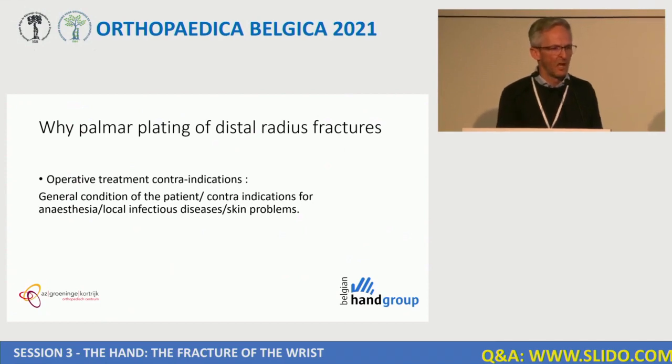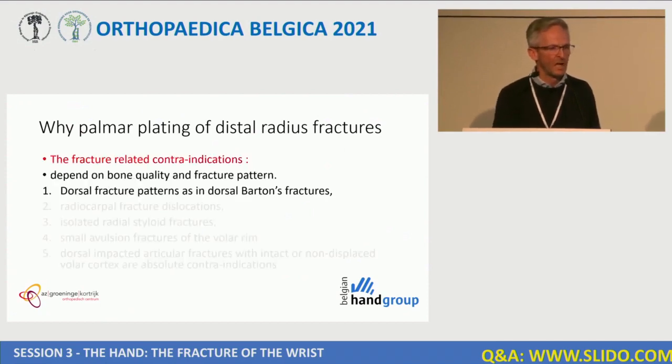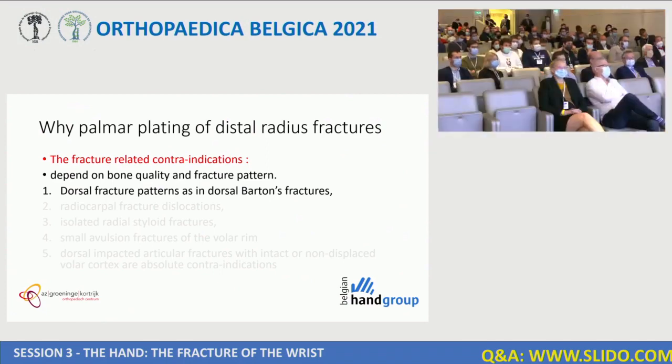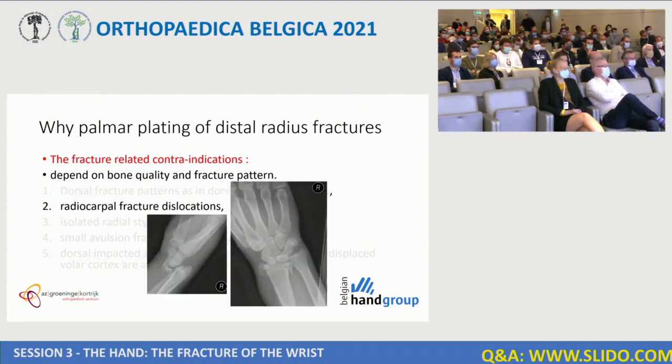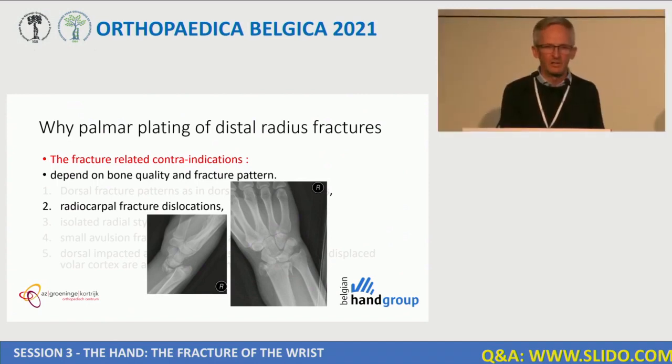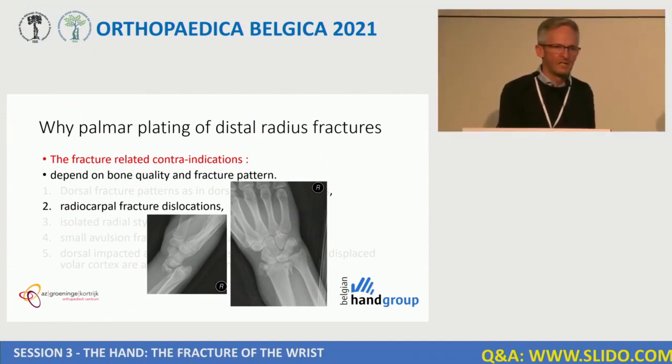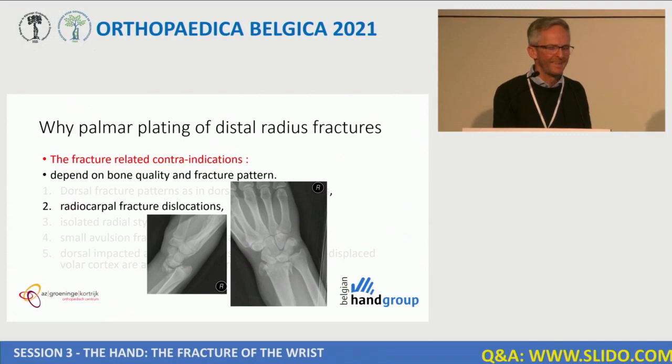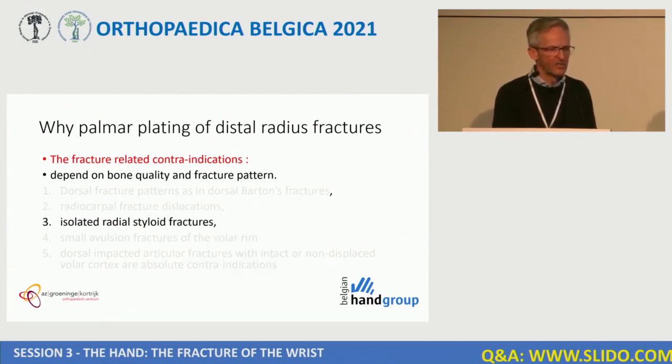You know the general contraindications, but more important are the fracture-related contraindications, the bone quality and your fracture pattern. Clear dorsal fracture patterns, like in dorsal Barton fractures, maybe you would go to the dorsal side instead of the palmar side. Radiocarpal fractures, dislocations. You can do this maybe with a palmar plate, but that is not an option here.